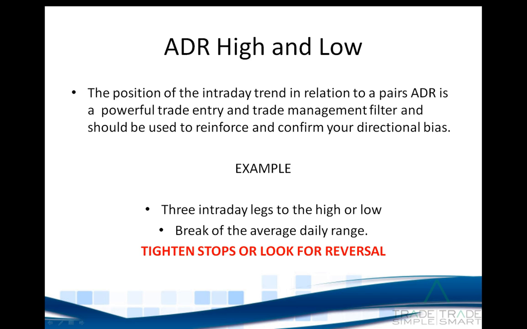Again, the logical step would be to either tighten up your stops, set your trade to break even, or exit the position, and then look for the New York reversal.